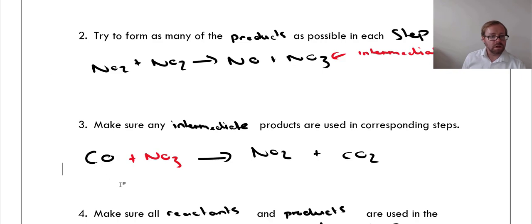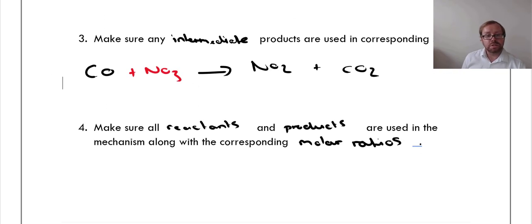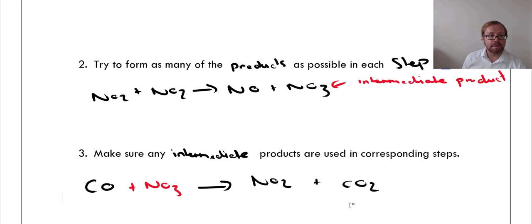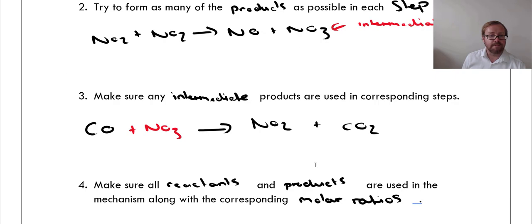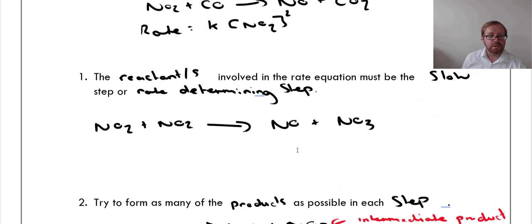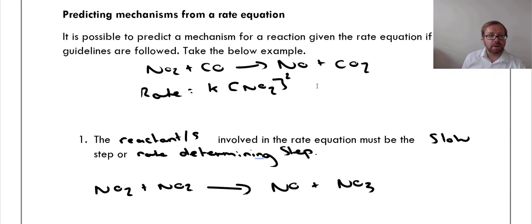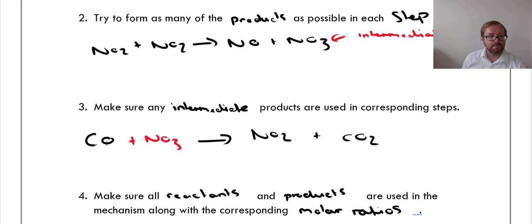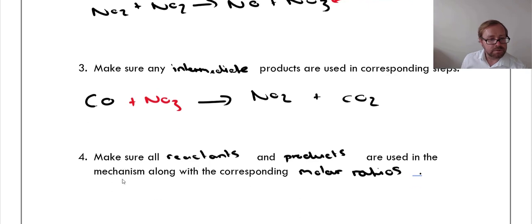Okay, so this might seem quite complicated, but I'm going to try and make it a bit easier to understand. So we need to make sure that we've used the correct molar ratios for this reaction. So if I add up this reaction here and this reaction here, I should get my overall reaction here. So let's have a go at doing this. So let's do the first reaction.